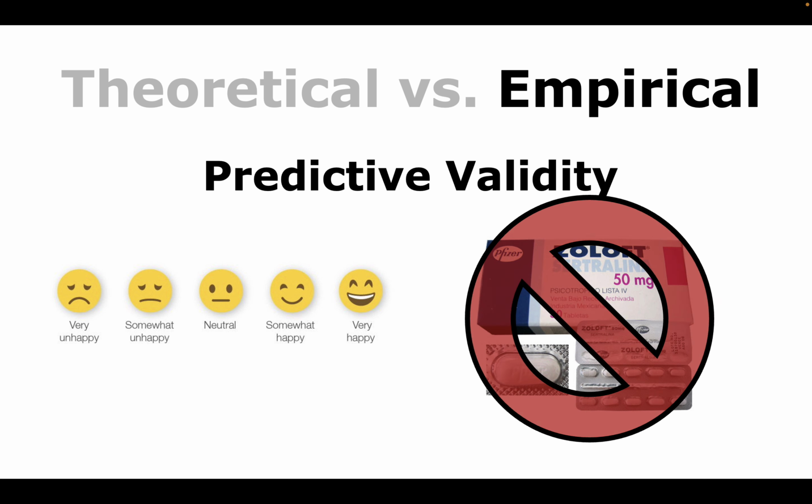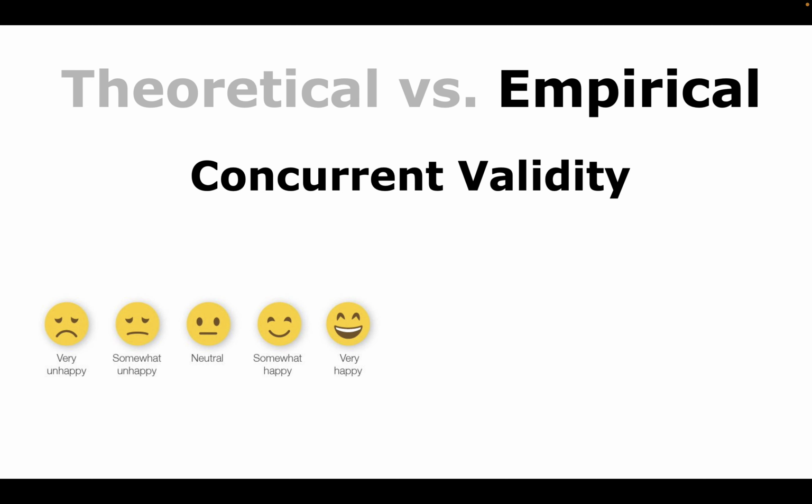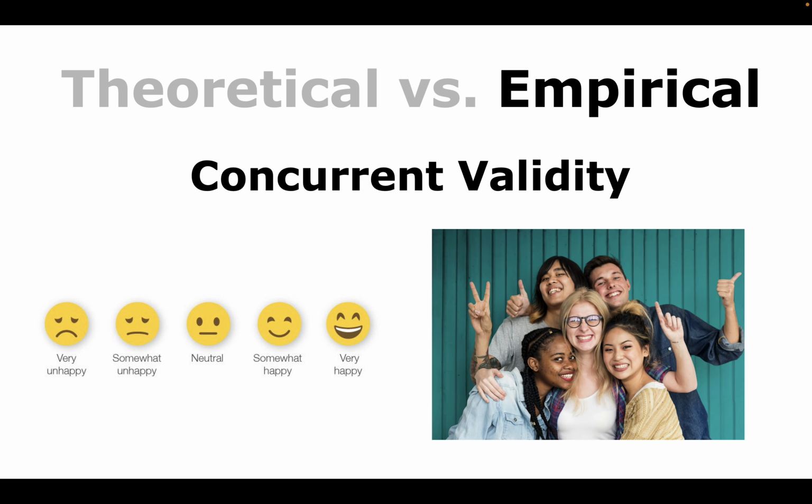And finally, there's concurrent validity. Concurrent validity examines how well one measure relates to another criterion that should occur simultaneously. By simultaneously, I mean you have a group of subjects who are doing something, and while they're doing it, you have them circle the face that matches their mood, and then you're sitting there with a clipboard, identifying the behavior of the subjects.